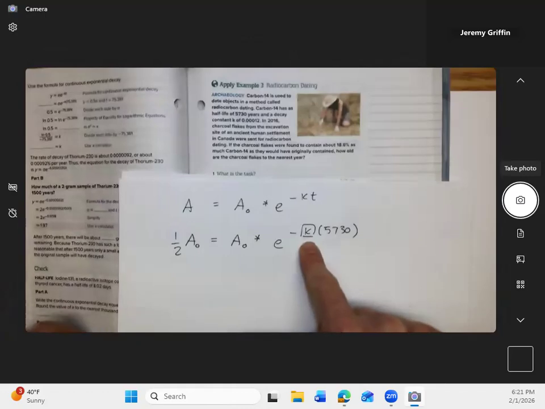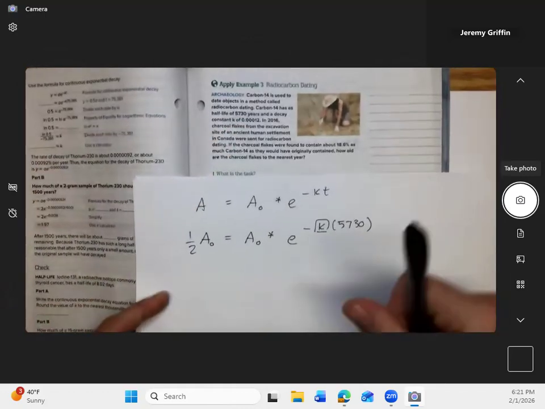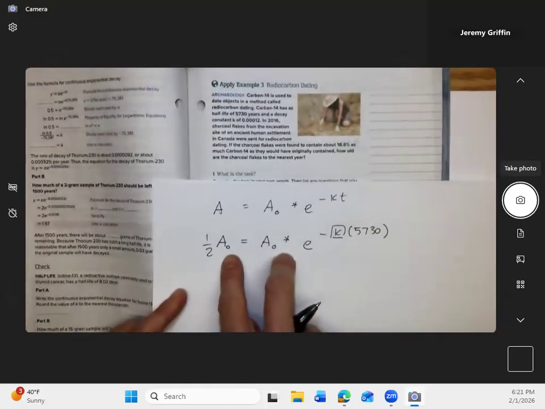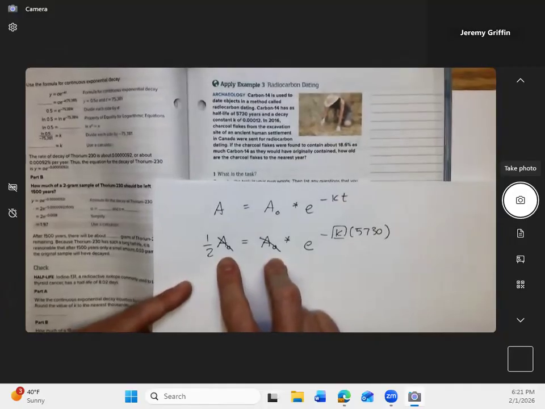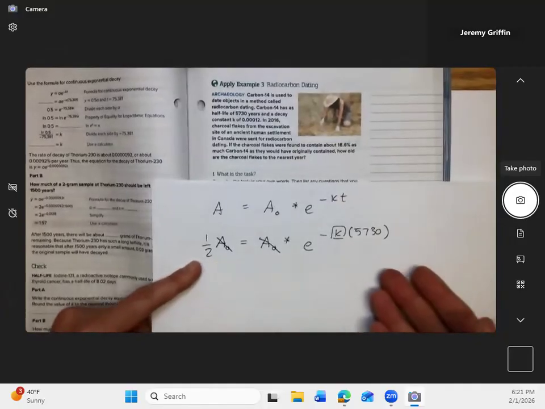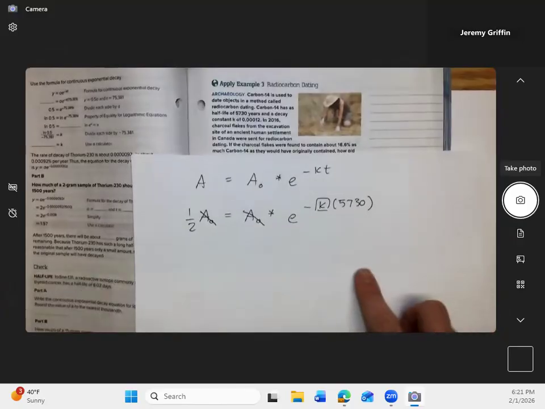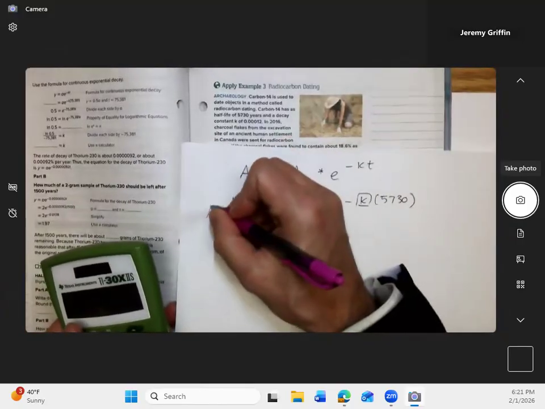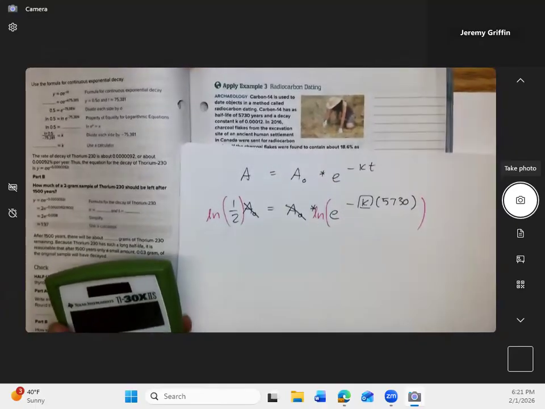We can solve for k, and they told us what k is going to be, but I'll show you guys that that's true. So regardless of how much you start with, it doesn't matter. You start with little, start with a lot, it takes the same time to get to half regardless. So that's the same k. So take the natural log. Natural log of 1/2. Natural log of e to the something.